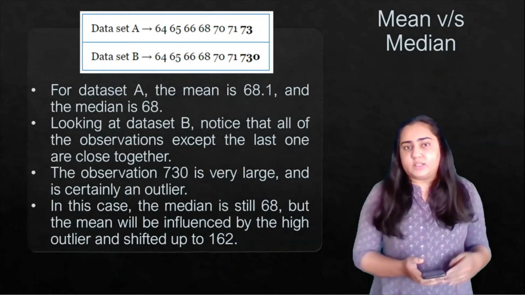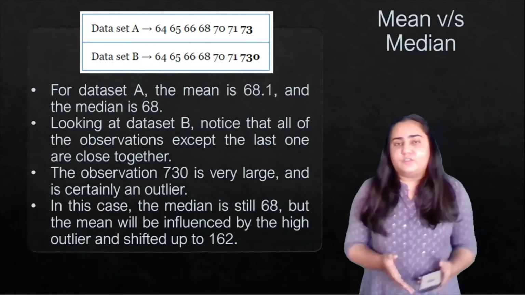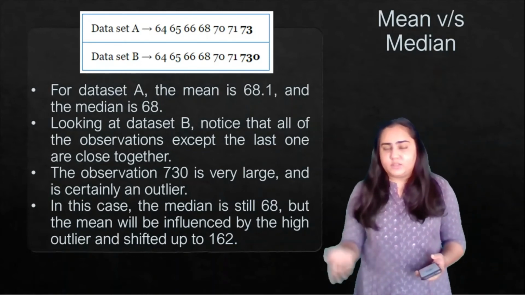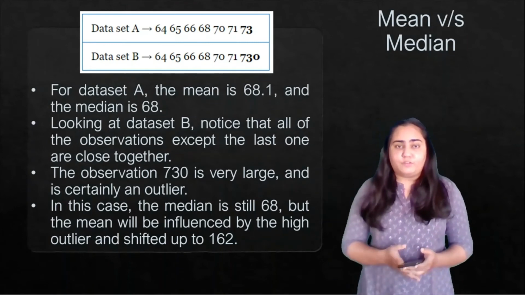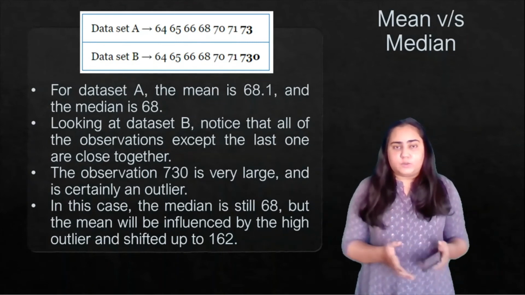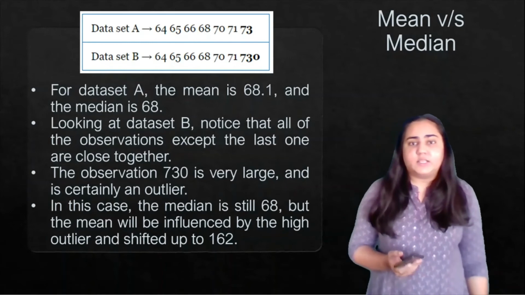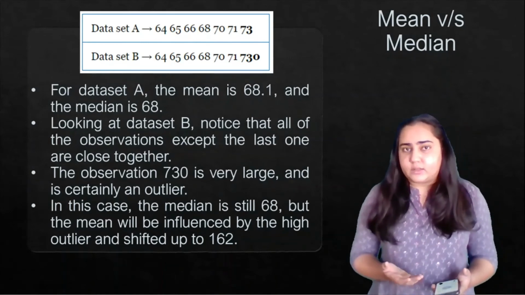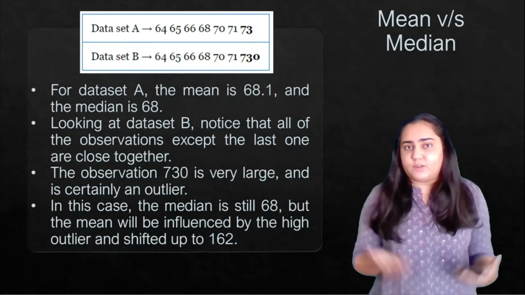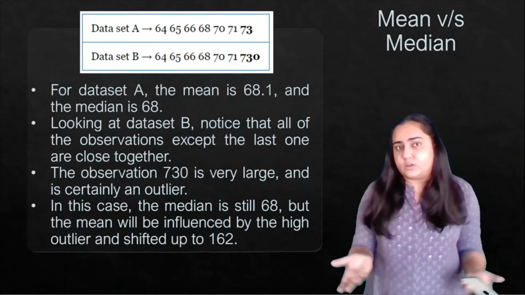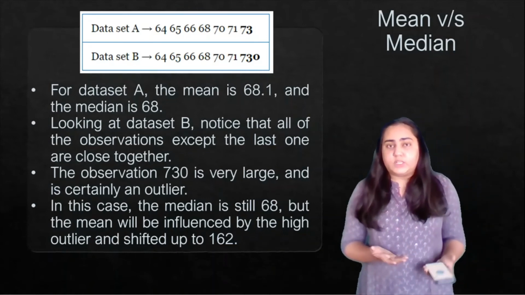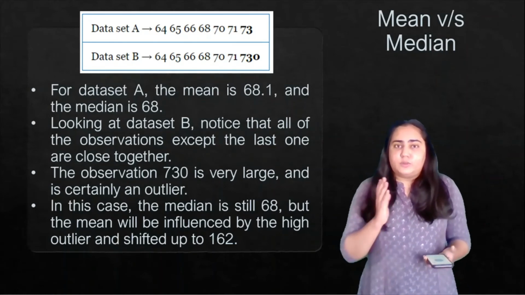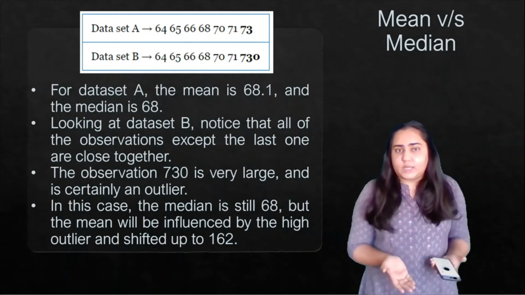If you see data set B, all observations between A and B are the same except the last one, which is 730 instead of 73, which is very large. You can say it's an outlier because if you make a histogram, this 730 will be somewhere far away from the other data which is plotted. In this case, the median in data set B is still 68. The median did not change, because the order did not change. The ascending order of the data is still the same, and so the middle value is still 68.